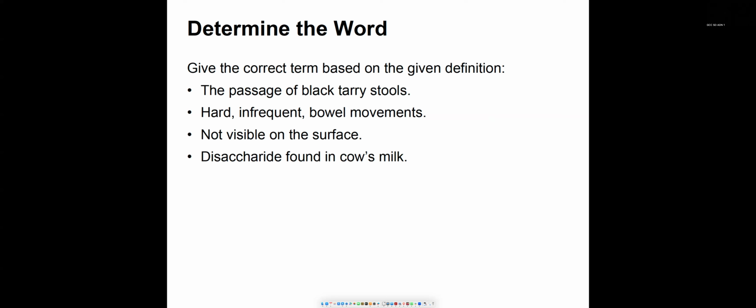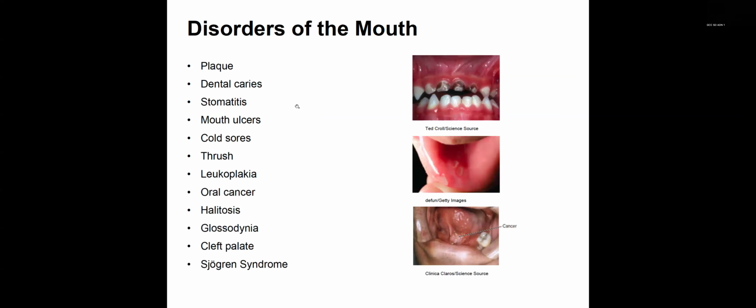What is that called? Constipation. You have blood not visible on the surface, which is referred to as occult. Right? So these are different types of words that are really important for this. So the passage of black tarry stool or hard or infrequent bowel movements, right? So again, it's important to define these terms when you want to create a diagnosis for these different diseases of the gastrointestinal tract.